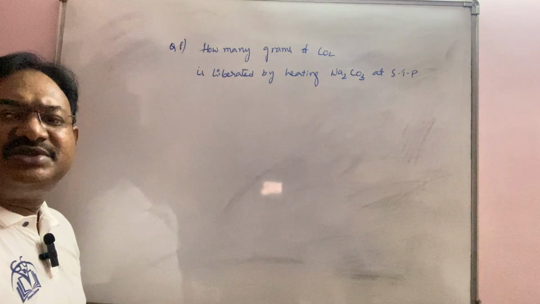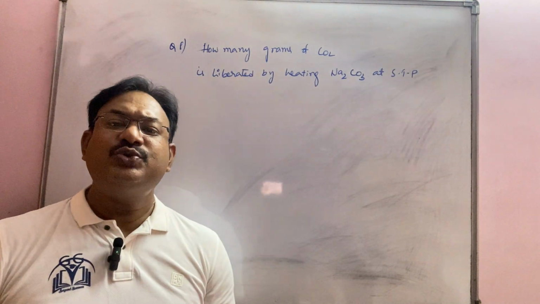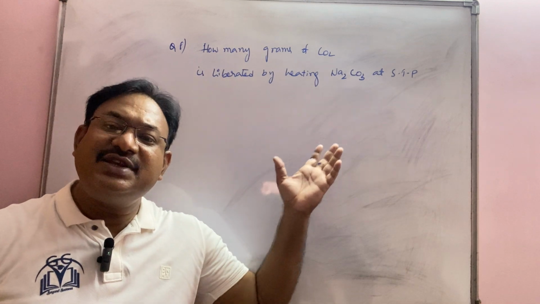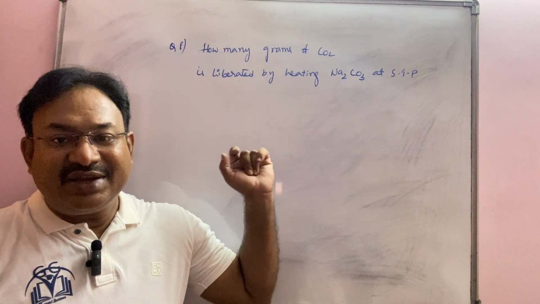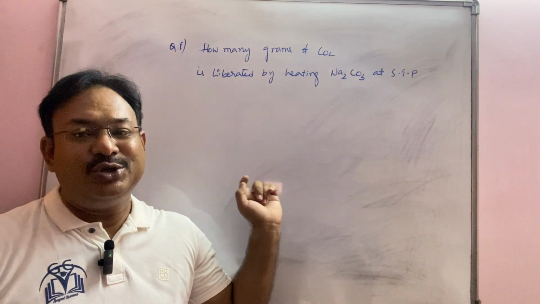STP means standard temperature and pressure. Usually you can take 0 degrees Celsius and 1 atmosphere, right? So these are the standard conditions of temperature and pressure.